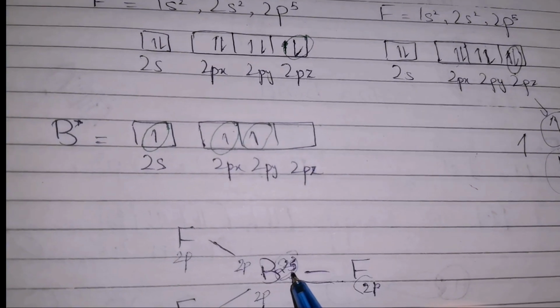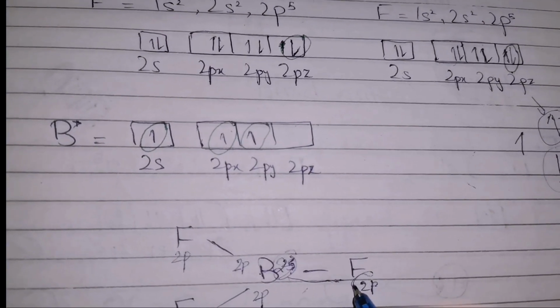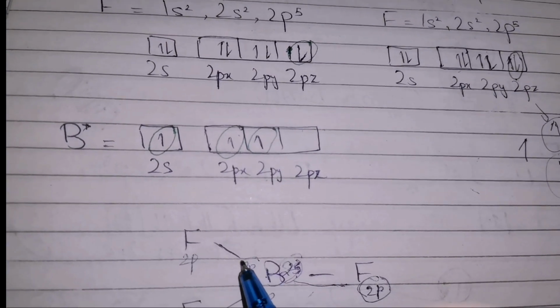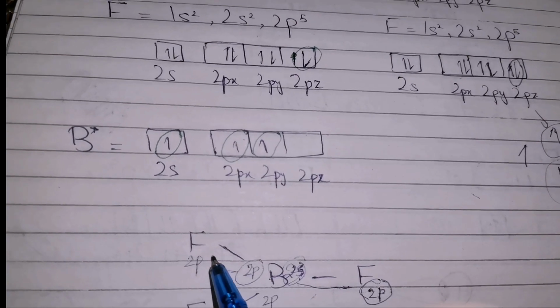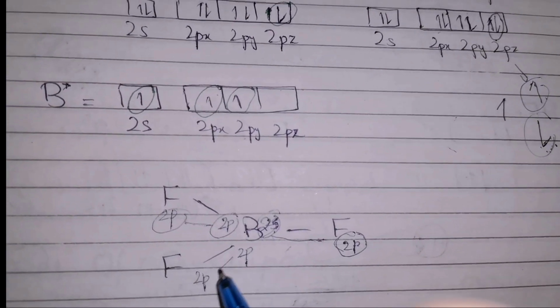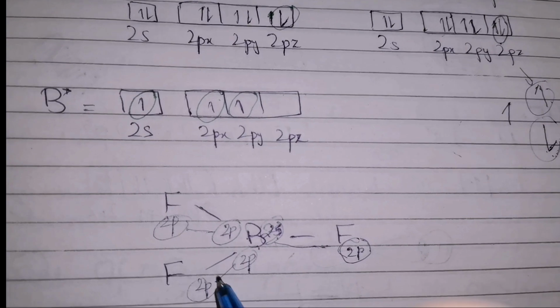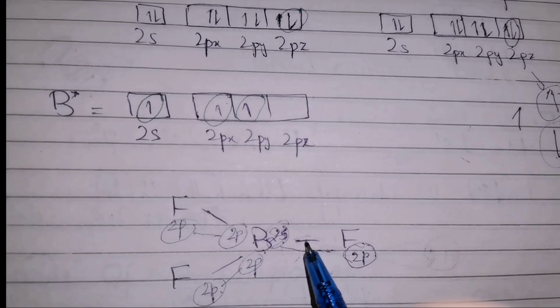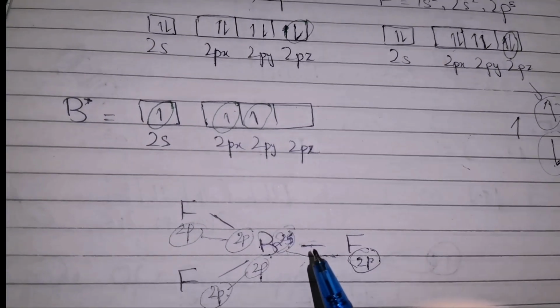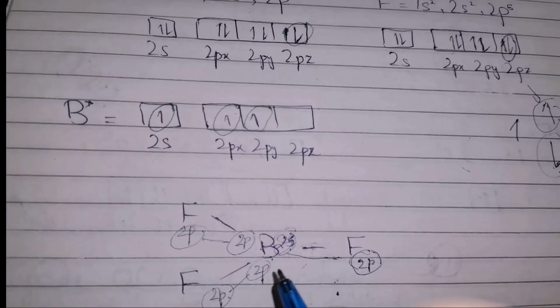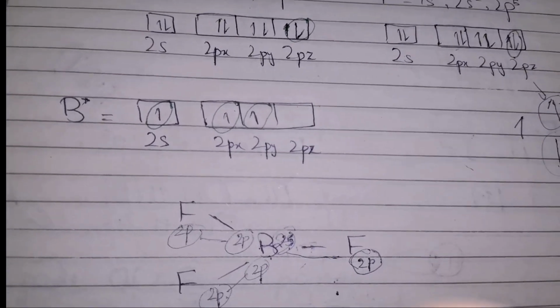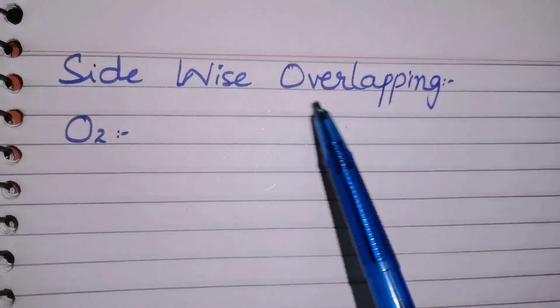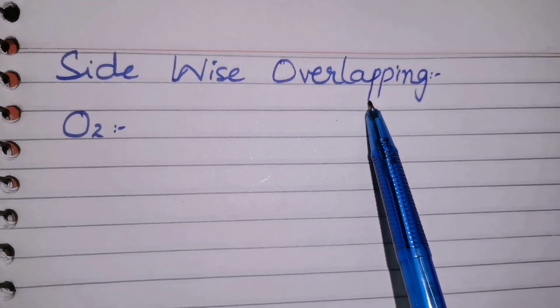It means that a bond is formed between 2s and 2p. The other bond is formed between 2p and 2p. And the third bond is formed between 2p and 2p. Now which bonds are present? I already told you the first bond that is formed is always a sigma bond. So these bonds are the sigma bonds.